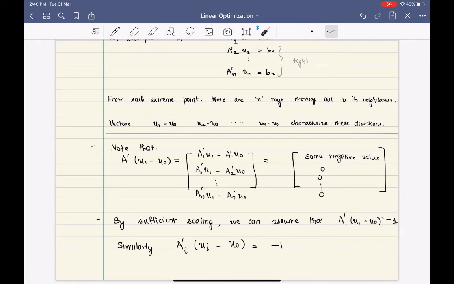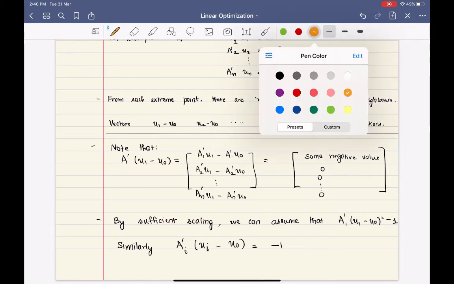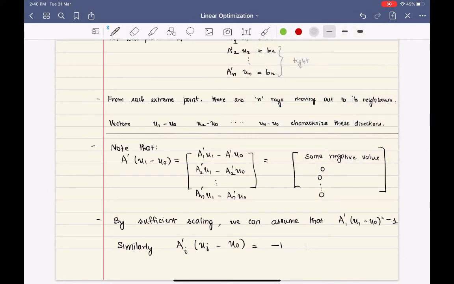So if I look at A prime of ui minus u0, it will be 0, 0, 0 and minus 1 at the ith place, at the ith coordinate.